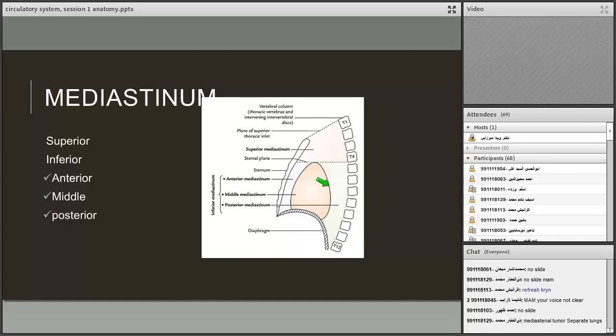So, generally, we have four mediastinums: superior and inferior. The inferior mediastinum is divided into anterior, middle, and posterior mediastinum. Each of these mediastinums contains many organs. For example, in the superior mediastinum, we have the trachea, the arch of the aorta, the esophagus, and other organs.